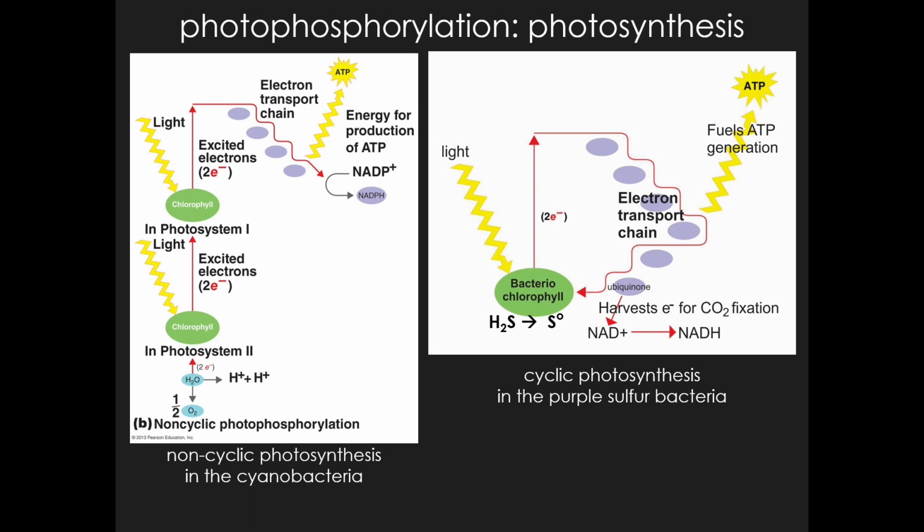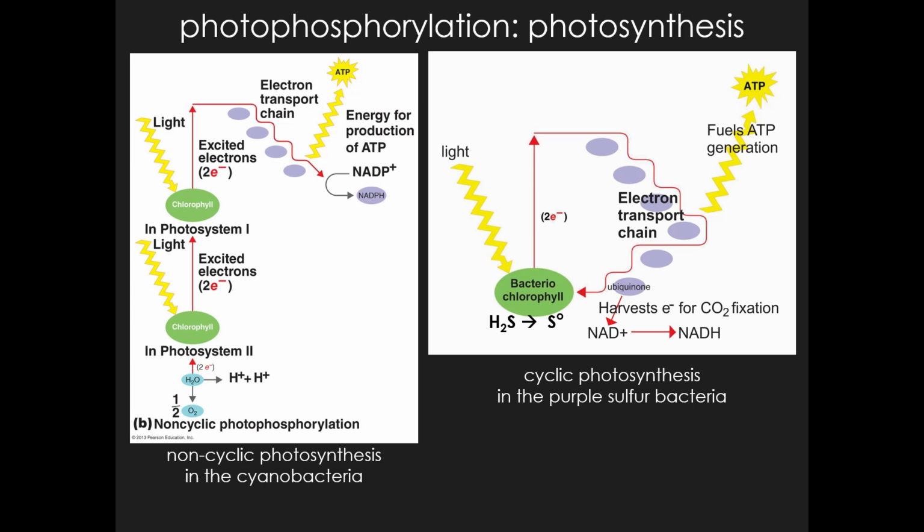Phosphorylation, of course, is just a catch-all term for the addition of a phosphate group to a molecule. ADP, adenosine diphosphate, has two phosphate molecules, and it is phosphorylated to ATP, adenosine triphosphate. So there's the phosphorylation, and what fuels that is light, so it's called photophosphorylation.